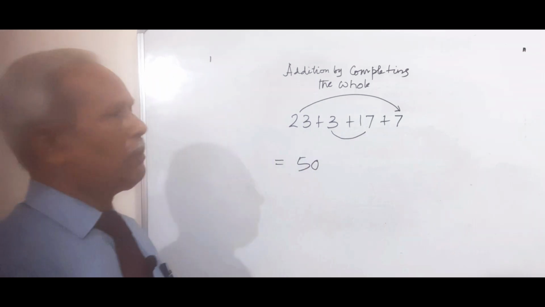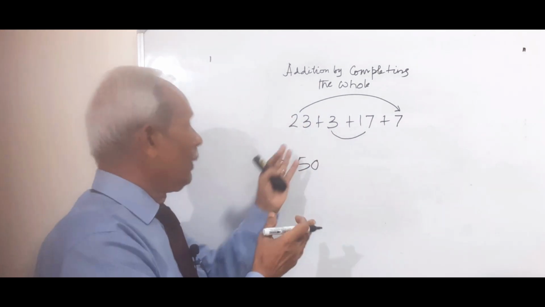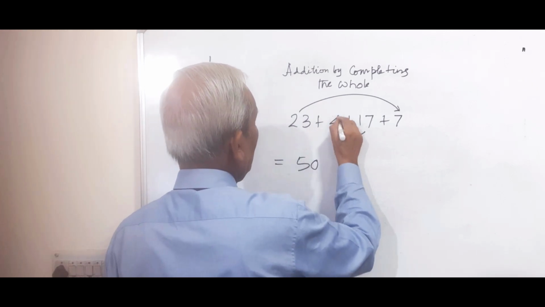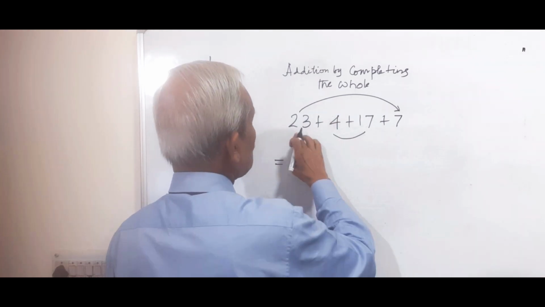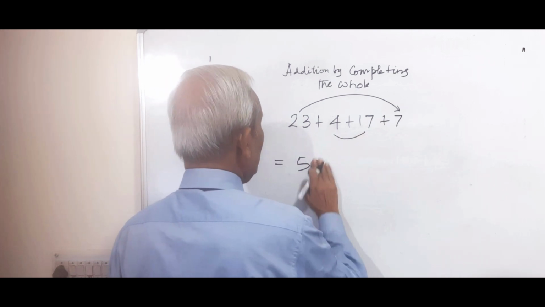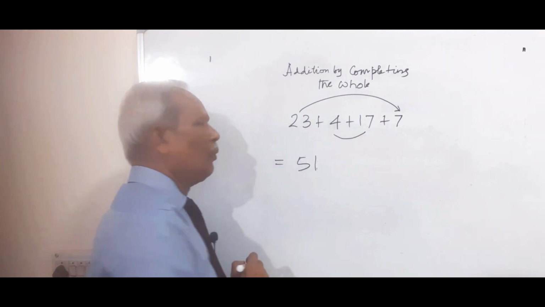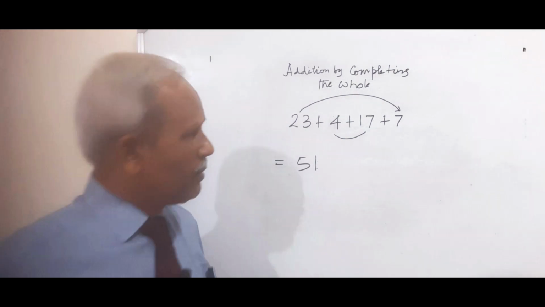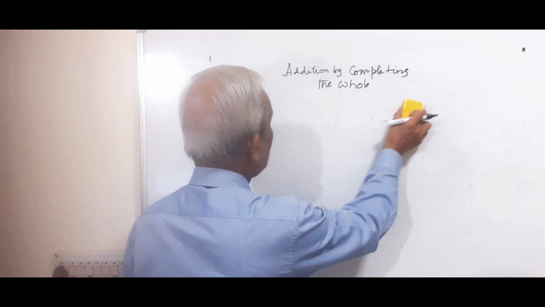So we can make this observation, there you may find out a whole number, maybe you could have got it like this. This is 4. Even then it's easier for you because 23 plus 7 is 30 and then this is 21. 30 and 21 is 51. You could have added it quickly, easily. So by completing the whole, it becomes easier for us to make the addition, right?